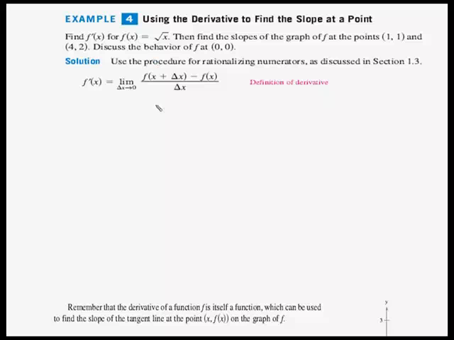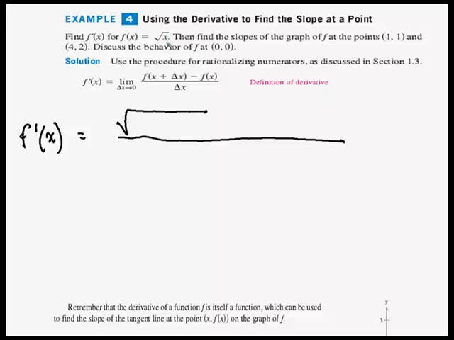So we want to plug our function in. Here our function is the square root of x. So to find our derivative, f prime of x, our function is f of x plus delta x, so we're just square rooting something. Square root of something minus the square root of something over delta x.